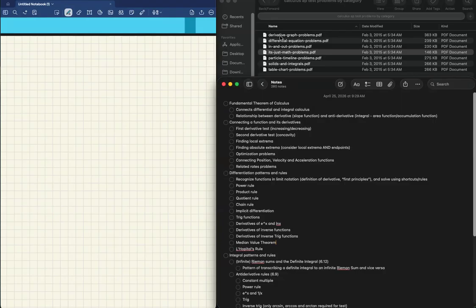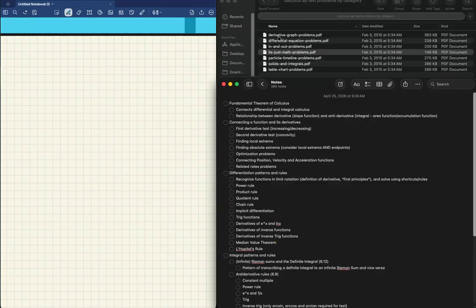Let's see which one. So derivative graph problems is a direct relationship with that fundamental theorem of calculus, because in derivative graph problems, you generally are given the graph of the first derivative. And so you can read from that graph both the area under the curve, which takes you to the values of the original function, as well as the slope of the first derivative, which leads you to the second derivative.